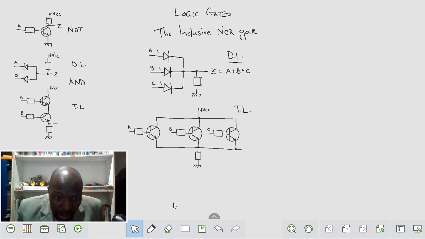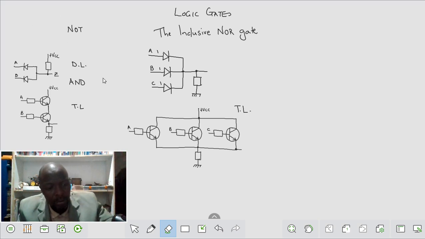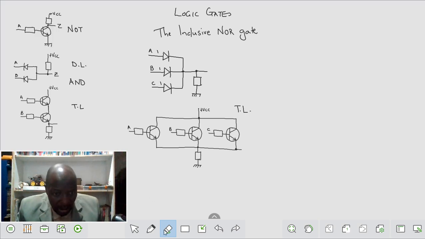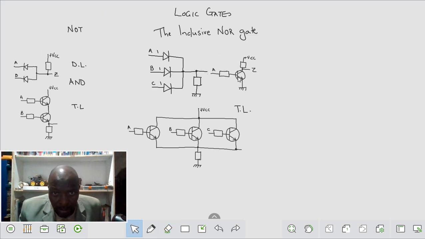What we're going to do is say, I don't want this input output here. This is our OR gate. All we do is pull our NOT gate. I want to pull, not erase. Just pull our NOT gate and combine that with the OR gate.